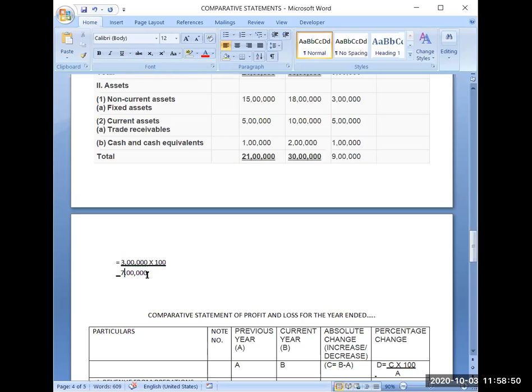Then these zeros will be eliminated by these zeros. So this way it will become 300 divided by 7. You can cut it short this way in exams because you are not allowed calculators.